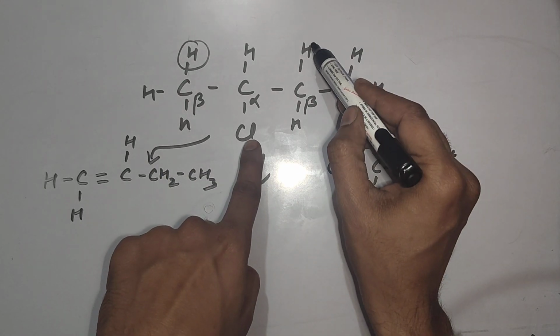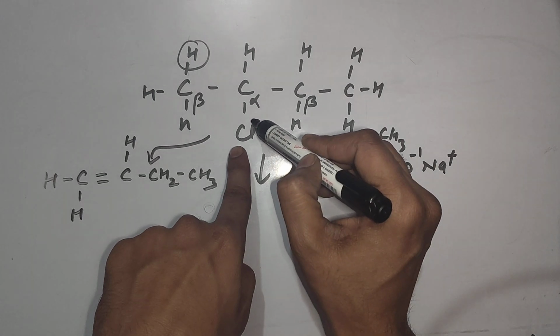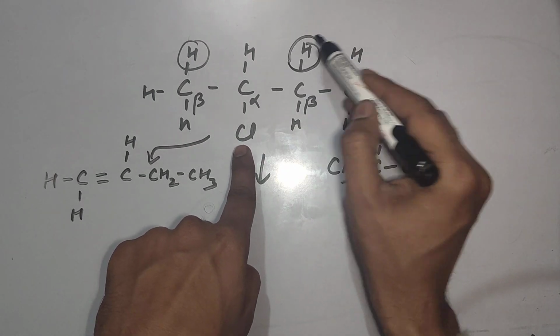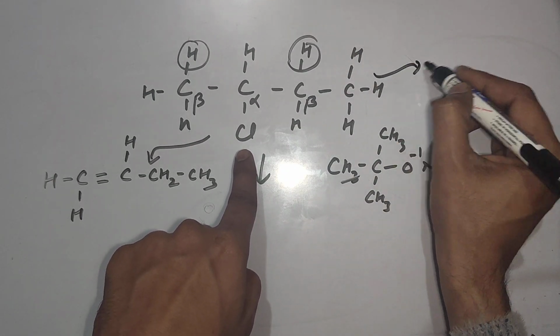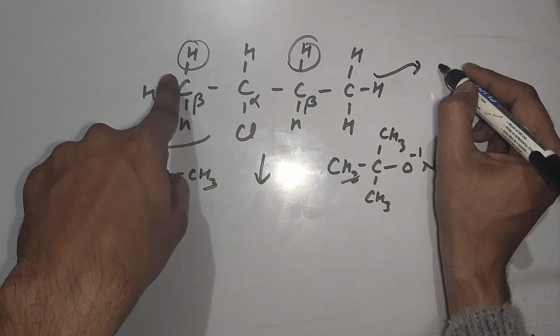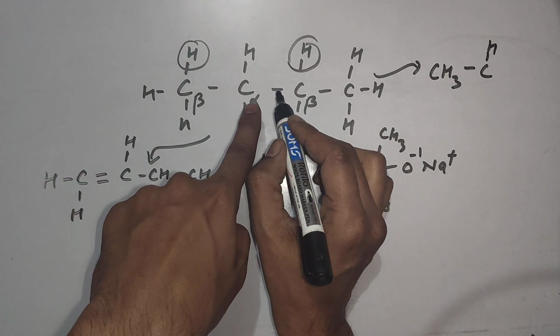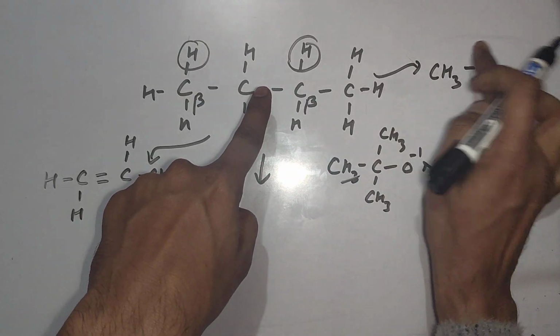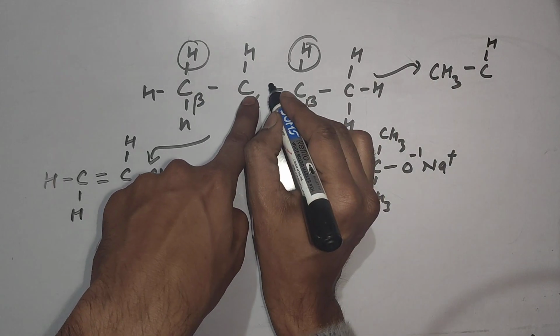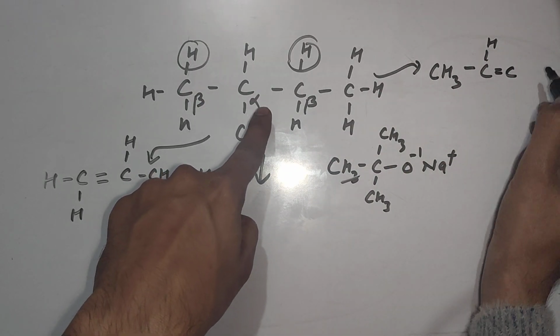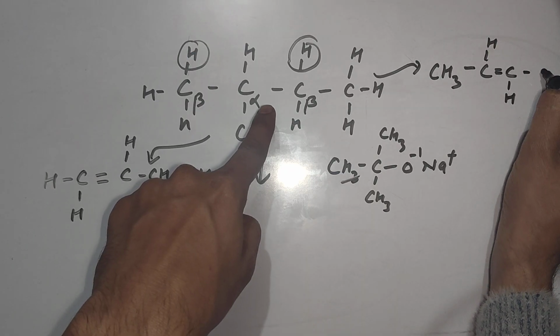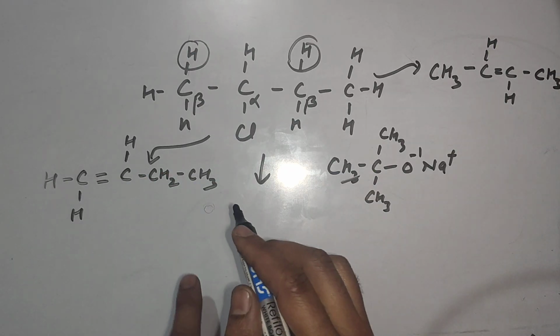And if I am using this beta hydrogen and eliminating this chlorine, then I will get this alkene. Check. This will remain as it is, CH3, CH. Now the double bond will come between these two carbons, here, this one. And CH3 as it is.